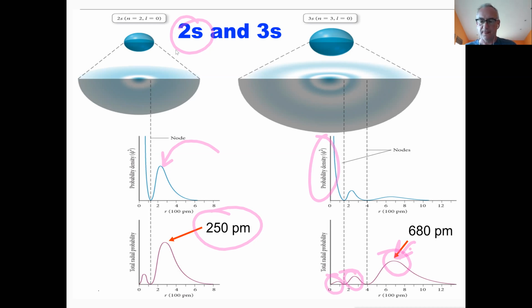I still don't get why the total radial probability comes from 0, but the density doesn't come from 0. Oh, like the graph, yes. Well, if you're asking me to explain Schrodinger's wave equations, that's a little beyond my pay grade.